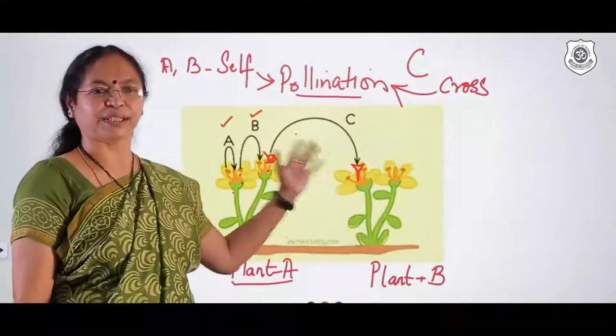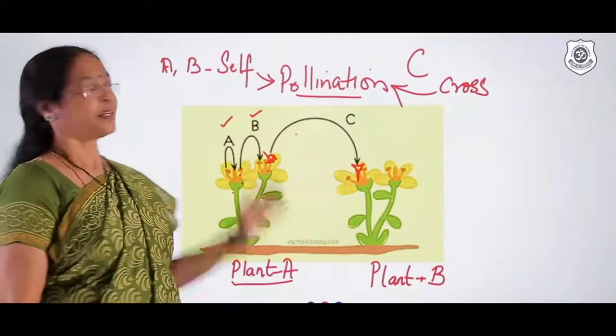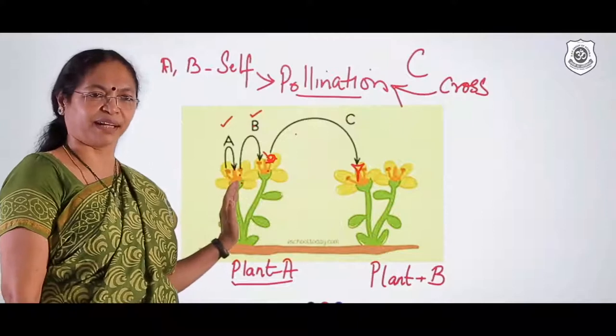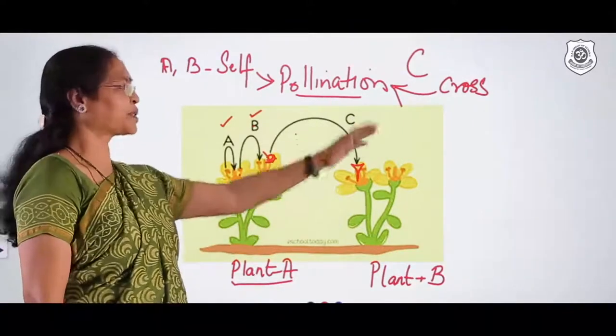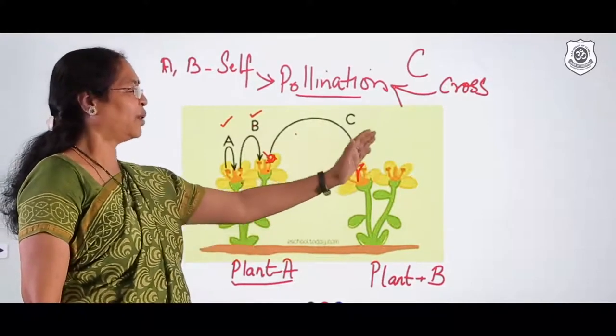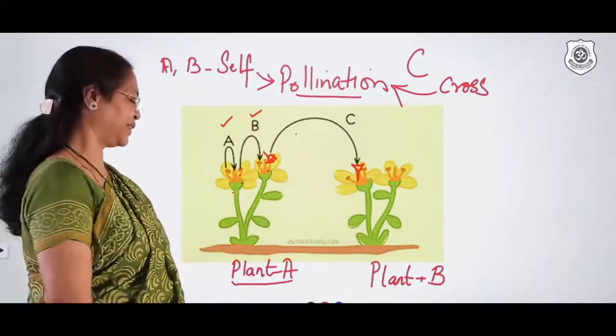So pollination is of three types, or rather two: it can be self, it can be cross. Now what is self? Transfer of pollen from the anther to the stigma of the same flower or another flower of the same plant. What is cross? Transfer of pollen from the anther to the stigma of another flower of another plant of the same species.